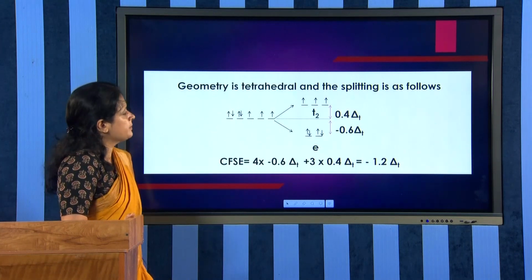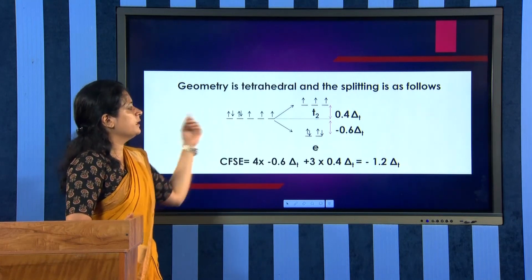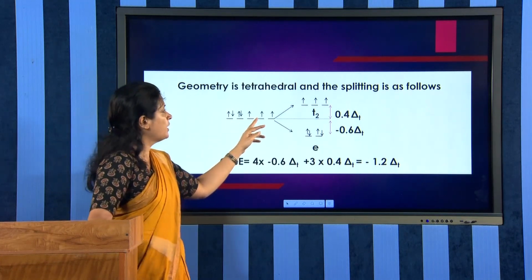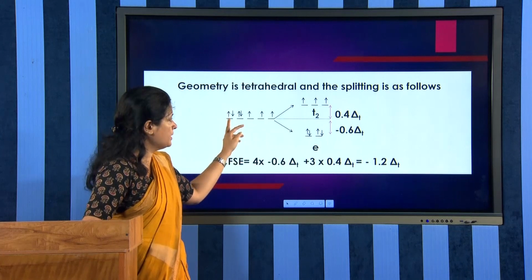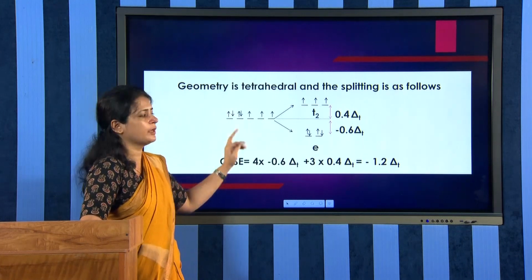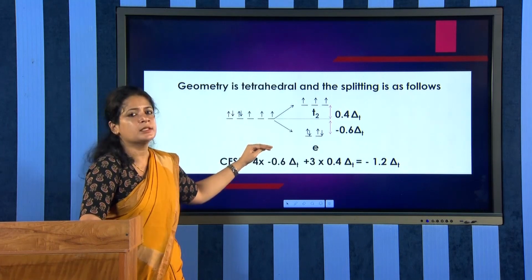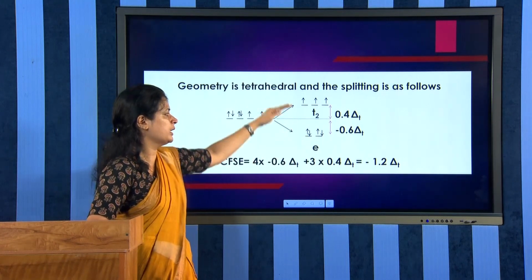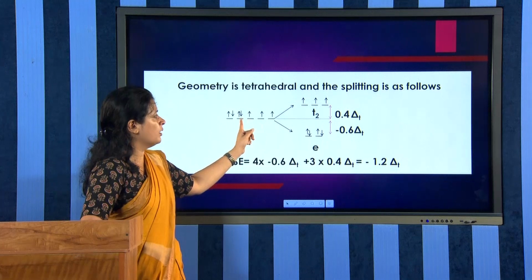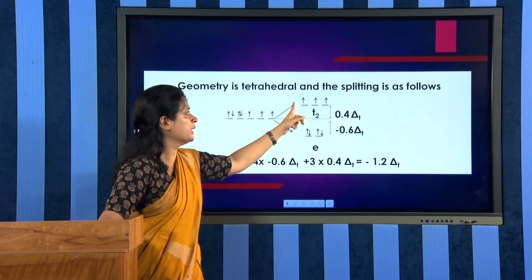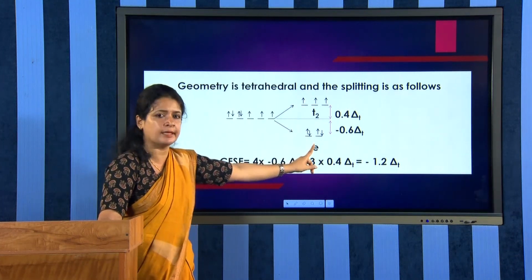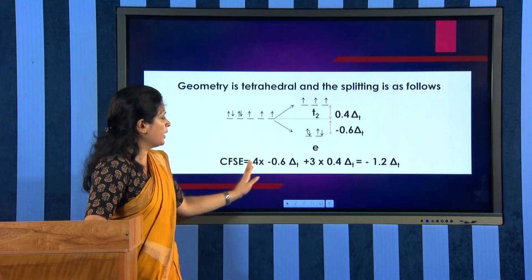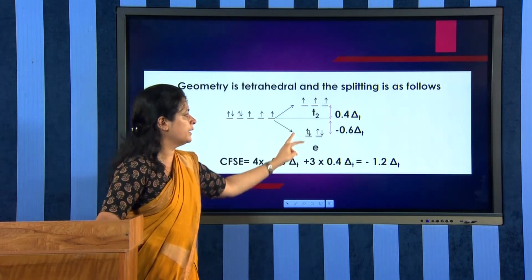See the crystal field splitting, the d orbitals in the free ion state, how many electrons? d7 means 1, 2, 3, 4, 5, 6, 7. And in the presence of the tetrahedral crystal field, they will be split into 2, E and T2. How to fill the 7 electrons? 1, 2, 3, 4, 5, 6 and 7. And now you can count how many electrons are there in the E orbital.